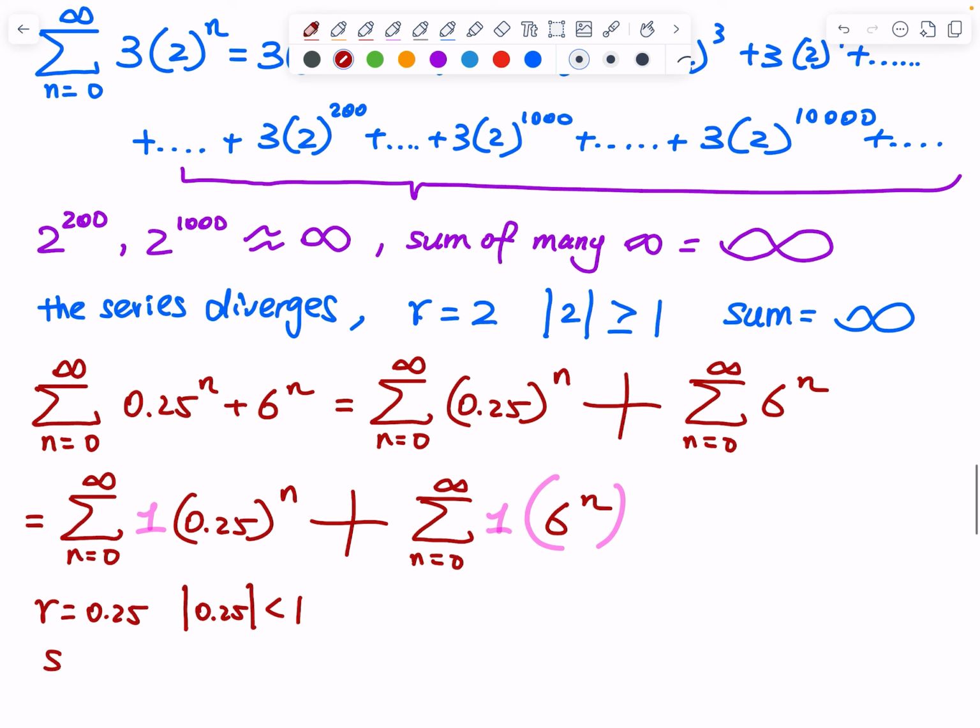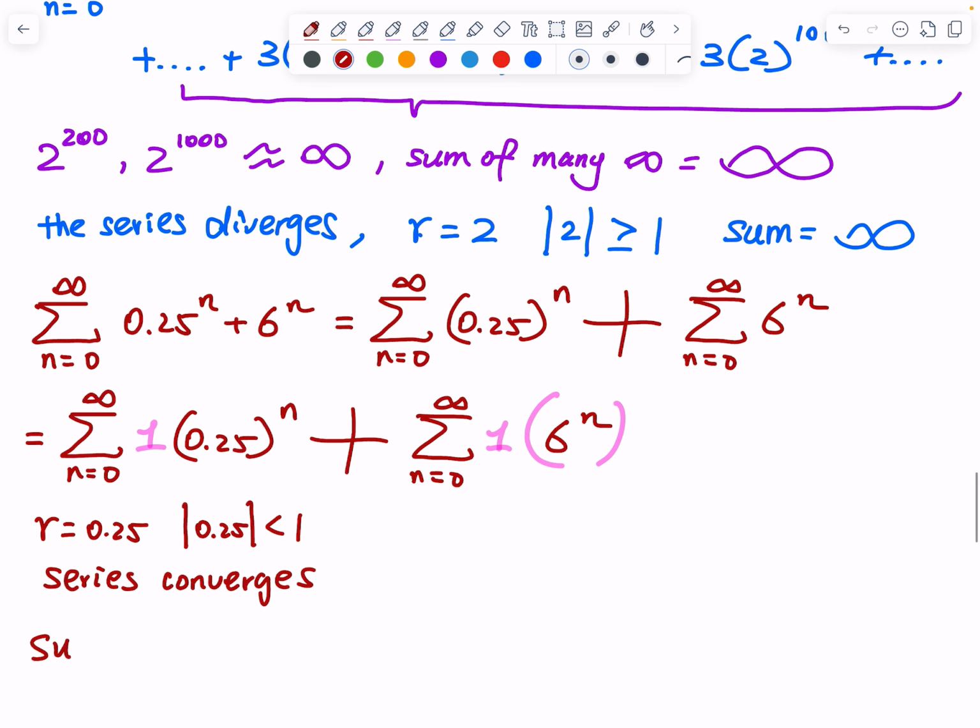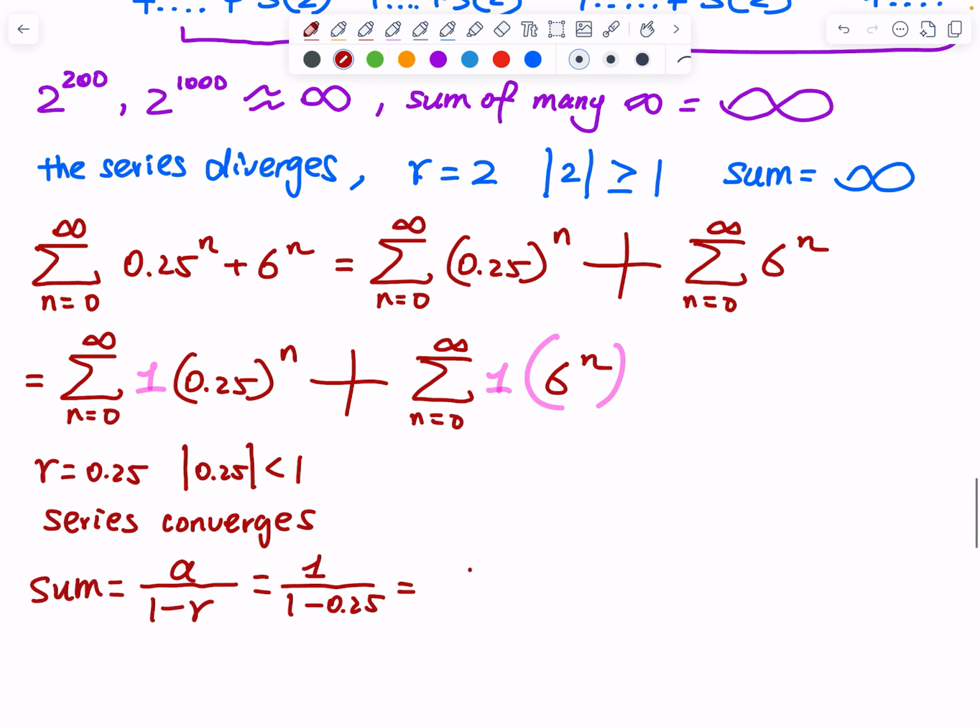So that means the series converges. And then what's the sum? The sum is equal to a divided by 1 minus r, which is 1 divided by 1 minus 0.25, and that is 1 over 0.75. 1 over 0.75 is 3 over 4, reciprocal, that is 4 over 3. So that gives you the sum of the first series.